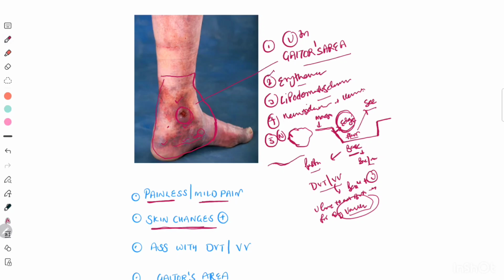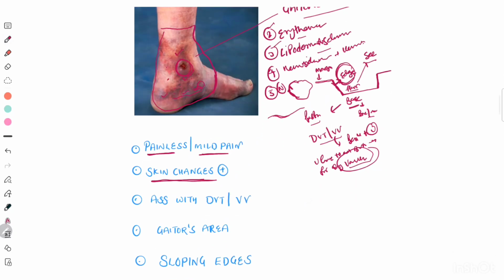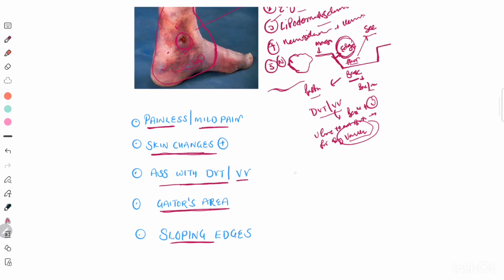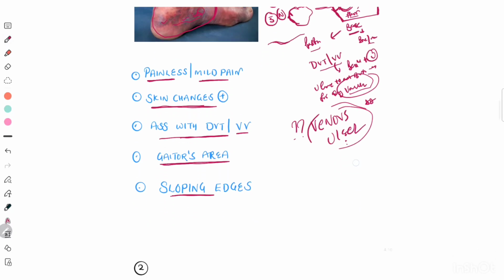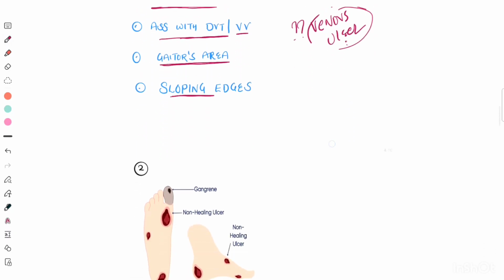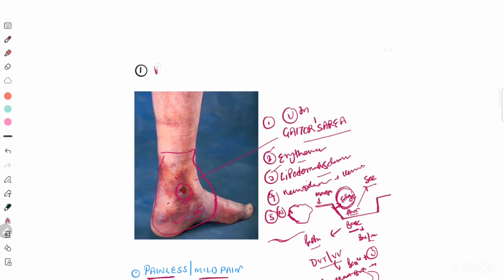I have already discussed the skin changes, and it is associated with DVT or varicose vein, mainly in the gaiter area, and the ulcer has sloping edges. By these 5 points, you can think of a venous ulcer. So these are the points you can see for a venous ulcer. This is the venous ulcer.